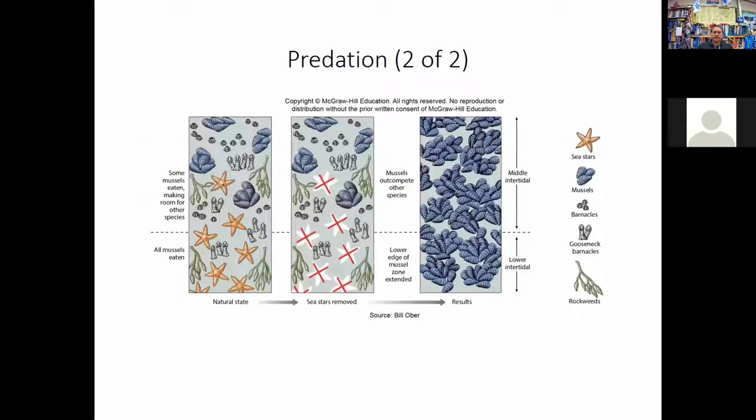So if you take a look at the picture right here, what's happening is that when you take out the sea stars artificially, like if we were collecting sea stars, and when you take them out of the local ecosystem, then the mussels here are going to take over, because the mussels are not in check anymore, and the starfish, what they do is they take a mussel and they open it.